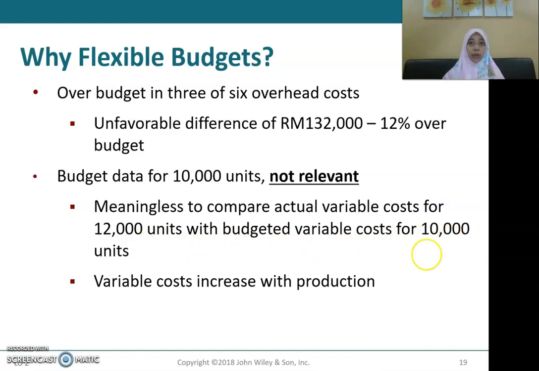If you remember, you have fixed costs and variable costs, and the nature of variable cost is that it varies with the level of activity; in other words, it increases as your production increases. So it is meaningless to compare 12,000 units and 10,000 units, which are different levels of activity.